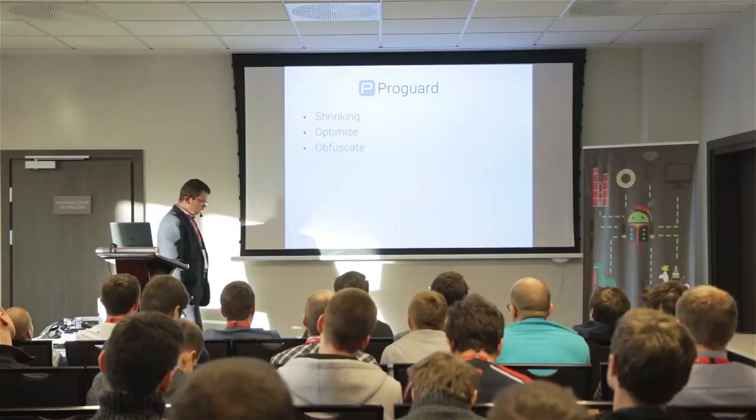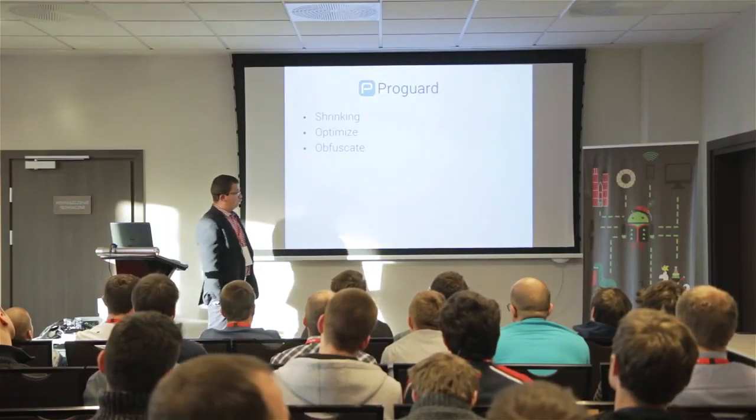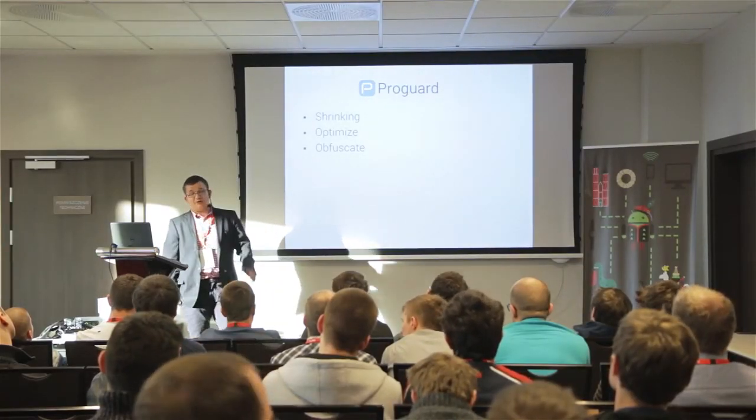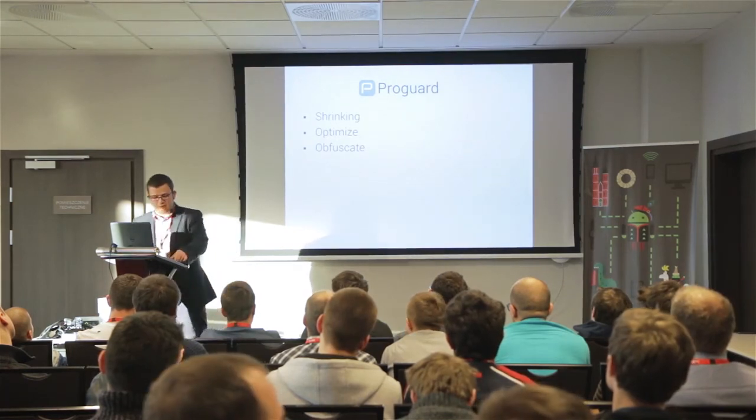What else? When creating clean architecture, we create many small methods, and sometimes it is problematic. We can get the 64K issue, but also small methods sometimes are not the best in terms of optimization.